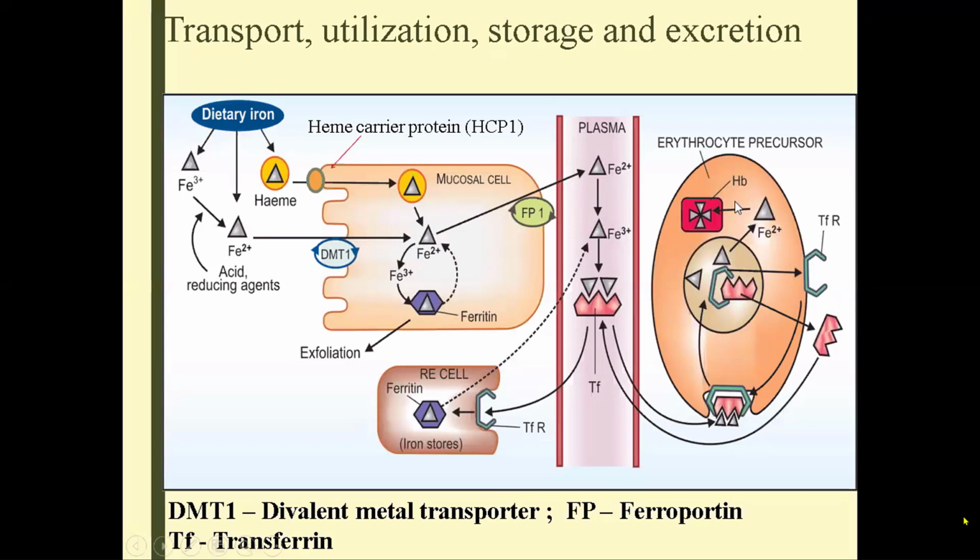So the iron will be utilized for hemoglobin synthesis, and the rest will be translocated back to the membrane, right, for reutilization actually. Right, so this is how the transportation and utilization is done. Now for storage, same process. They will be taken up by the reticuloendothelial cells, right, with the help of the same receptors, endocytosed, and then the iron will be stored as ferritin, right?